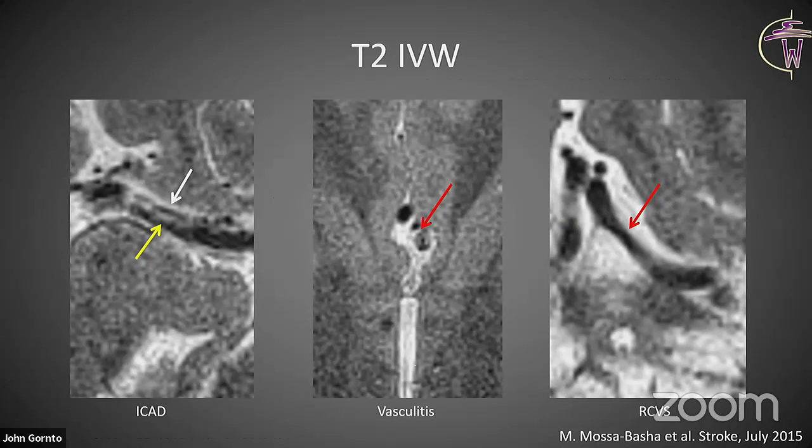Vasculitis shows that circumferential isointense signal relative to gray matter, kind of similar signal there. And RCVS in that region of stenosis, we really don't see much in terms of wall changes. There's the RCVS, not much in terms of wall changes. Vasculitis, isointense wall thickening relative to gray matter, and atherosclerosis, hyperintense band with deeper hypointensity.